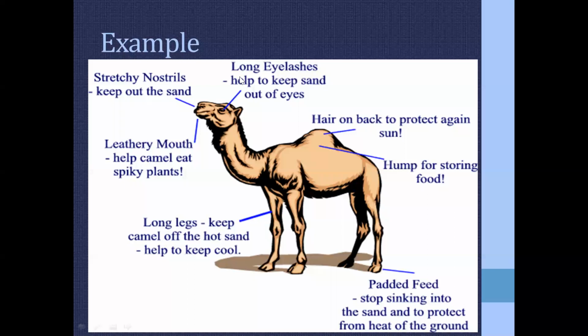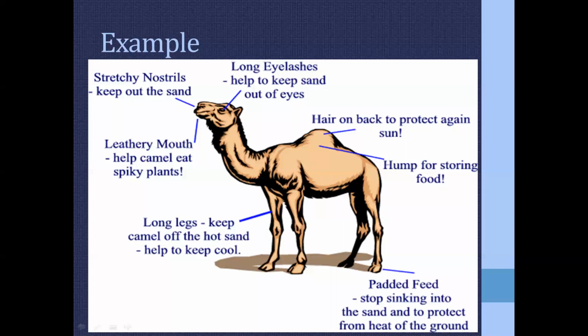Then it has long eyelashes, which help to keep the sand out of the eyes. Stretchy nostrils keep sand out of their nose, and long eyelashes help to keep the sand out of the eyes. So these stretchy nostrils, leathery mouth, long legs, long eyelashes, all of these are its adaptations.